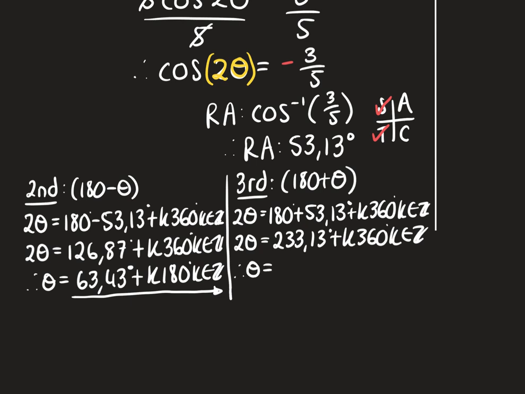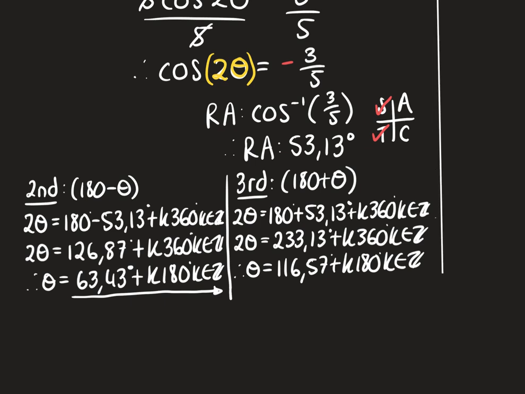So divide that by 2, we're going to get 116.57 degrees plus K180. K is an element of integers. Okay, everyone understand? Let me just do this quickly, make it a bit longer. There we go. Okay, so that would be my general solution for the third quadrant.